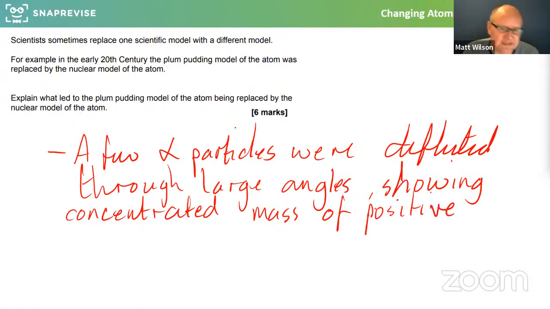Remember, it has to be positive, otherwise the alpha particle would have just stuck to it. So it would be deflected through a large angle. That proves the nucleus is positive, as well as being very small, because not many were deflected through large angles. So this fundamentally disproved the plum pudding model, where the mass was considered to be uniformly distributed positive charge throughout the spherical mass of an atom, with negative electrons scattered throughout. These experiments, the Rutherford, Marsden and Geiger scattering experiment, disproved all of that.